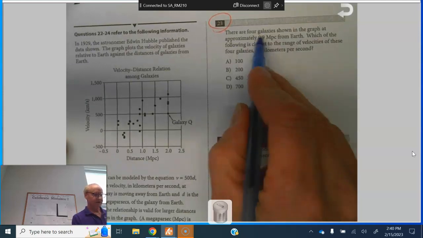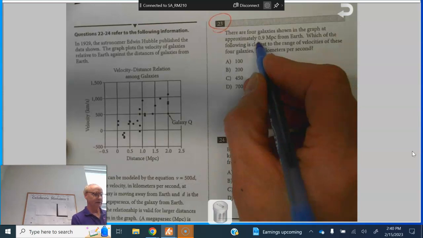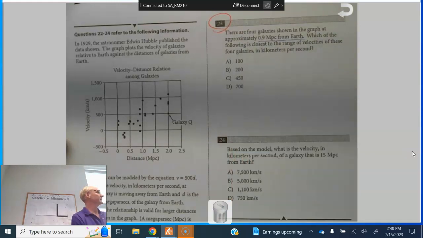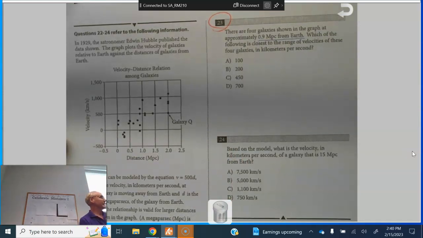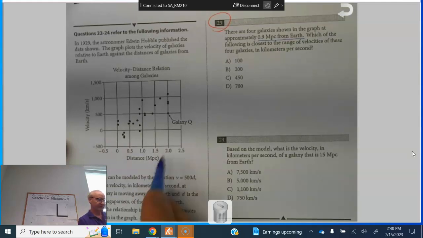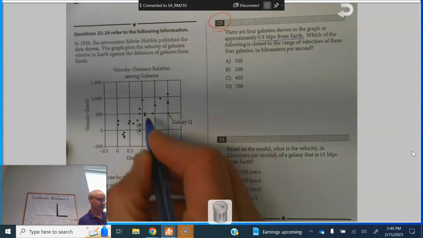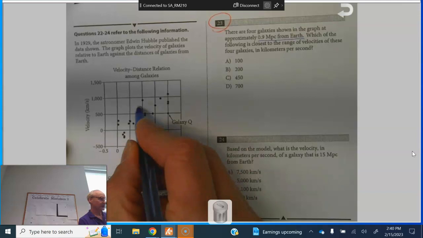There are 4 galaxies shown in the graph that are approximately 0.9 megaparsecs from Earth. Can you find 0.9 megaparsecs and find the 4 galaxies? These are in megaparsecs. I want 0.9, and it's 1, 2, 3, 4.